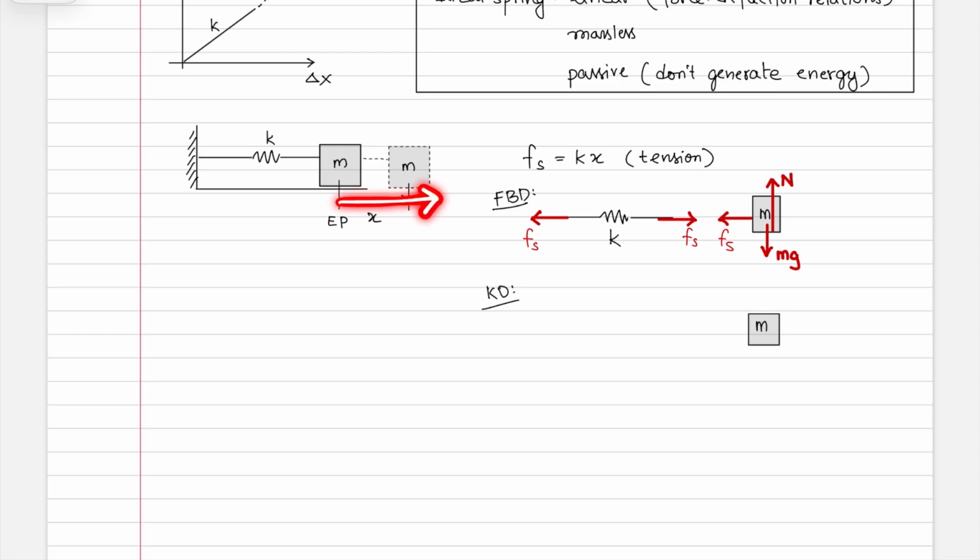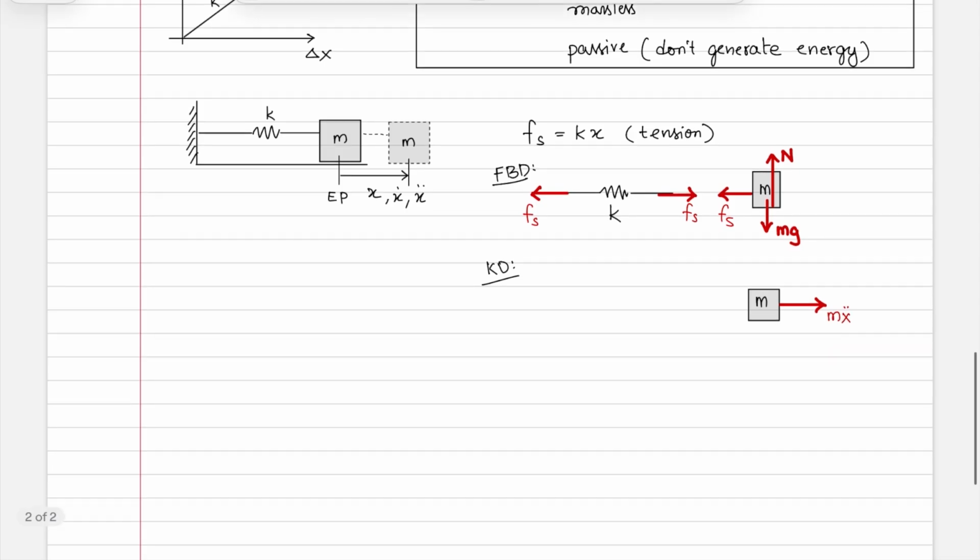You can do the same thing for x double dot, which is a differentiation of x dot. So if x is positive in this way, x dot and x double dot are also positive in that way. Then you have the inertial force as mx double dot, as shown here.